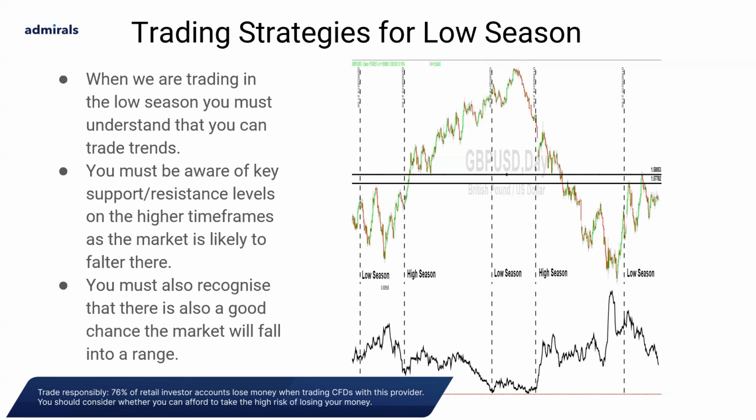Because there isn't the follow through, we see trading ranges decrease, and we start to see volatility spikes. A piece of news comes out, the market will spike up, but it will revert to the mean, back into the range, normally very quickly. You have to recognise there is a good chance the market will fall into a range.